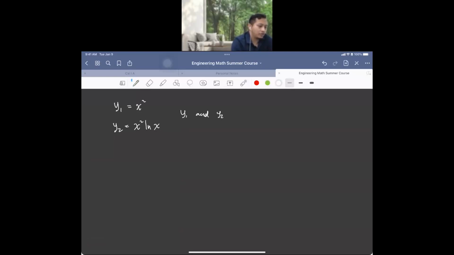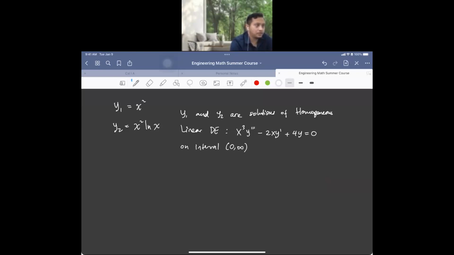Let's say y1 and y2 are solutions of a homogeneous linear differential equation: x cubed y triple prime minus 2x y prime plus 4y equals 0, on the interval 0 to infinity.